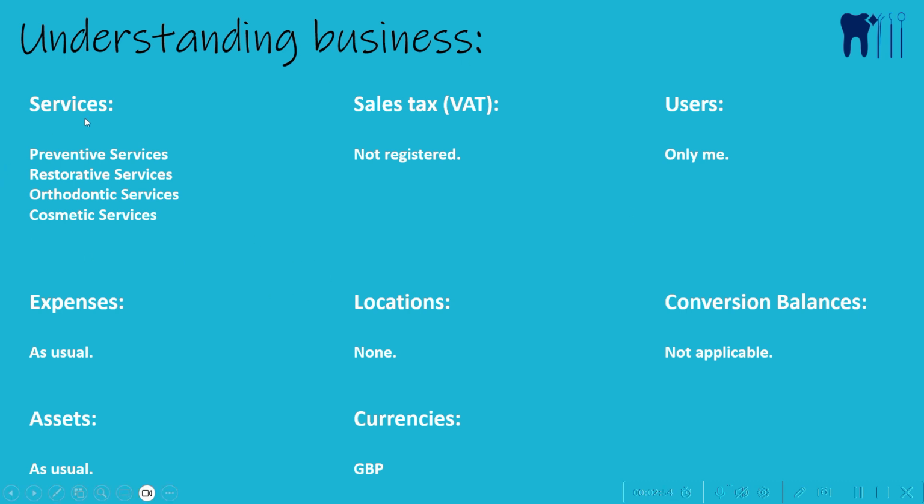For example, in our case, we need to track income over these 4 categories. So there will be a little bit of customization required at the beginning. It will not be difficult at all, and from there we will jump into the accounting, recording income, recording expenses, and reconciling our banks. So let's get started.